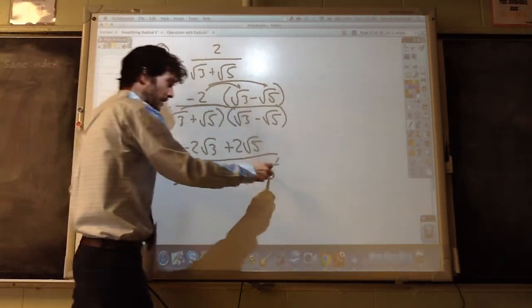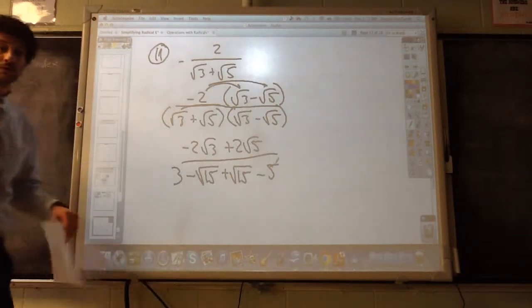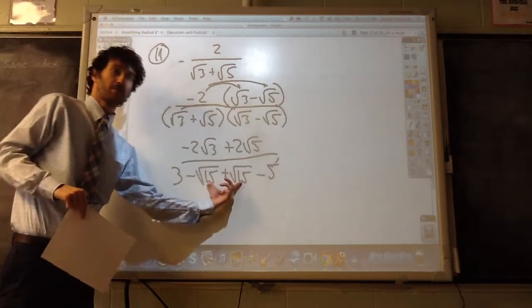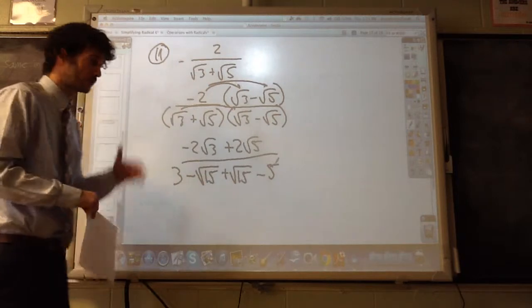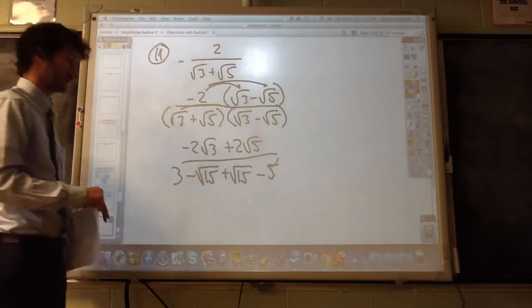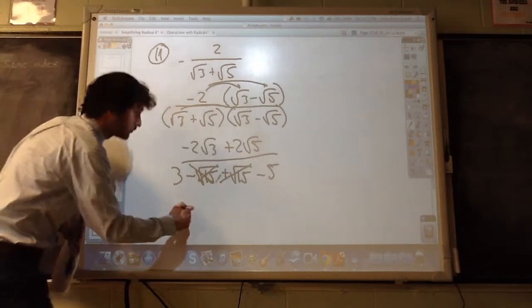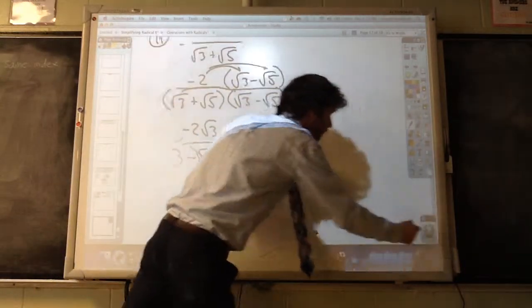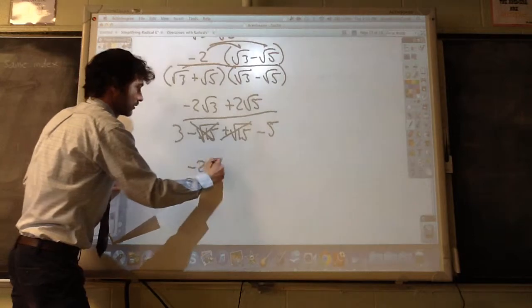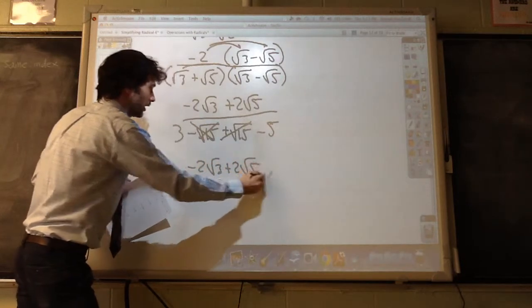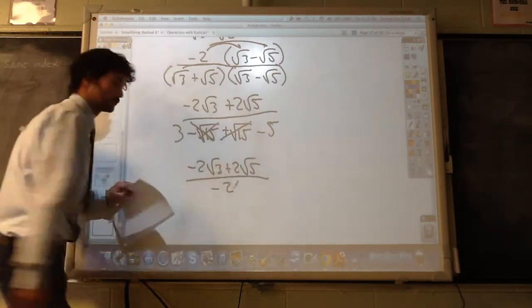Notice, first term, last term, no square root. Middle two terms, same thing but opposite signs so that they'll cancel. This should happen every time. So these do cancel. And the top is going to be the same for now. And 3 minus 5 is negative 2.